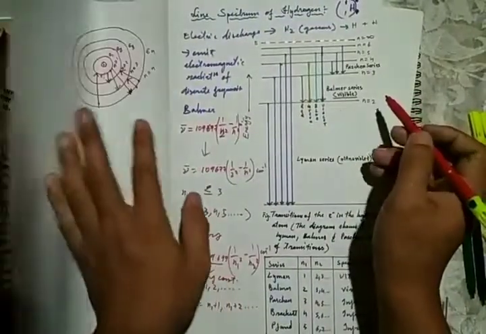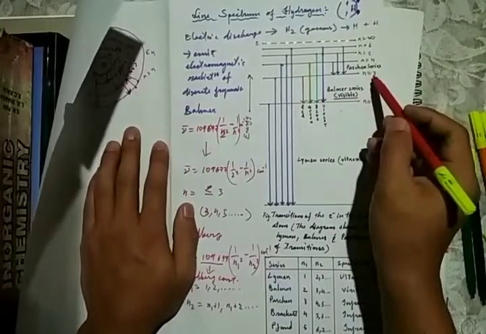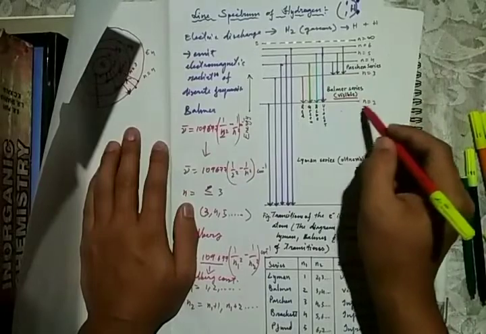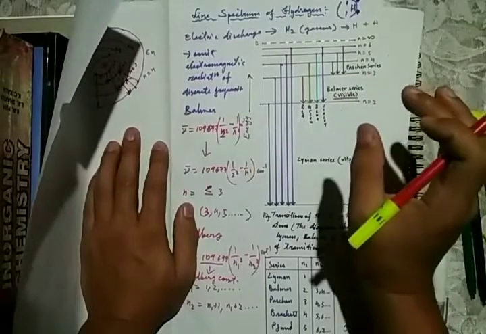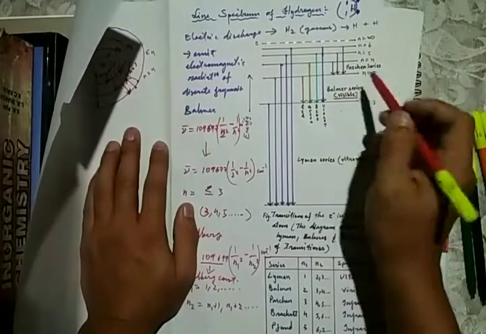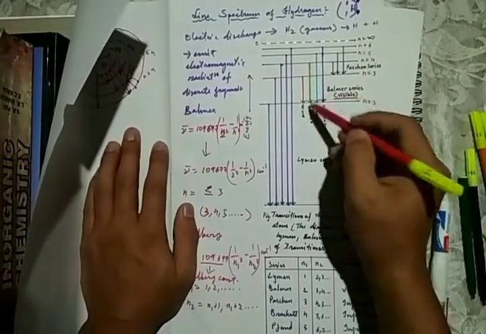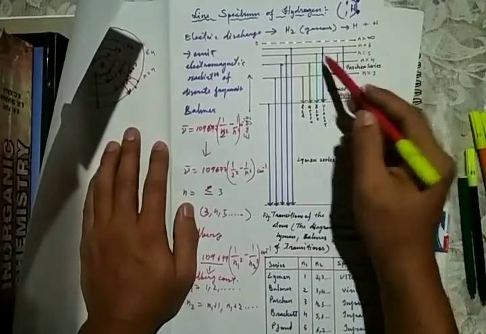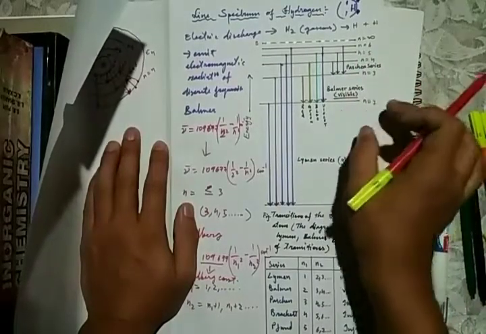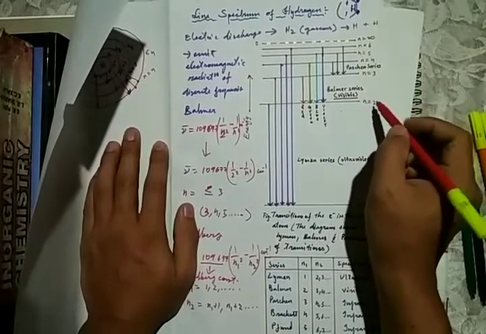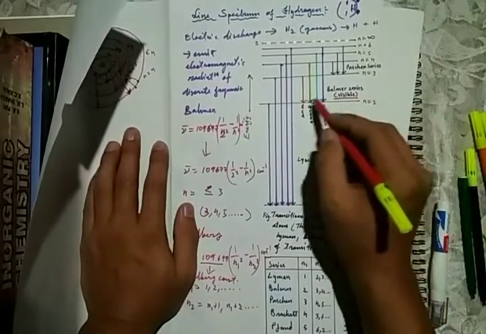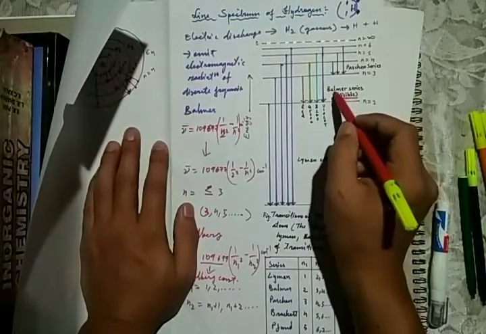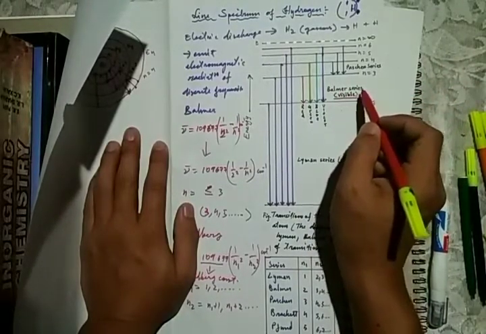Those electrons coming from N3 to N2, or from N4 to N2, or N5 to N2, or N6 to N2, coming down to N2 level, are in the visible region, and they are called the Balmer series.